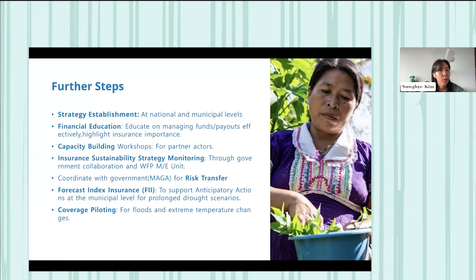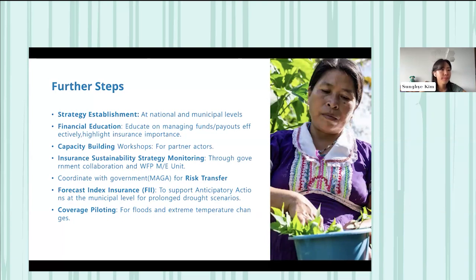Moreover, coordinating with government, let's say the Ministry of Agriculture and Livestock and Food of Guatemala, short MAGA, for a joint communication response regarding risk transfer mechanisms for insurance to address the effects of extreme weather, including the El Niño phenomenon.